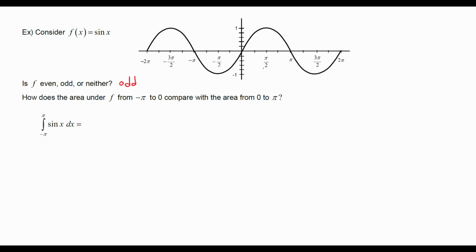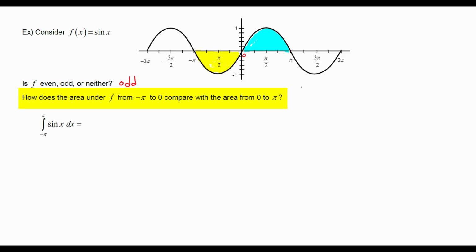So from negative pi to 0, the area is negative, right? Because your y values are negative. And what is the area from 0 to pi? It is positive. But their absolute values are the same. Only the signs are opposite.